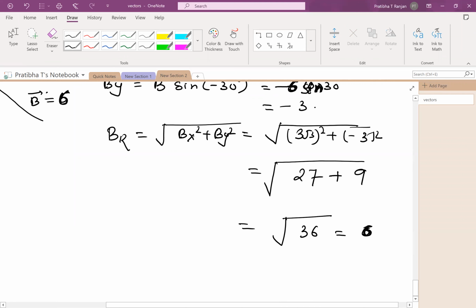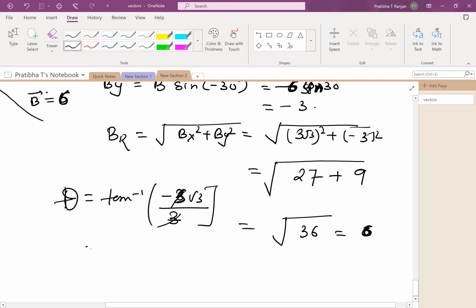And my theta, if I have to find the direction along this one, should be tan inverse of negative 3 root 3 over, AY is just simply 3.